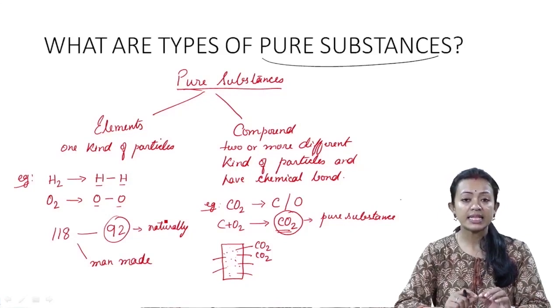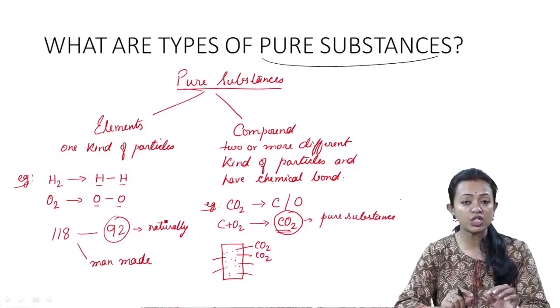Malleable means they can be beaten into thin sheets, and they are also ductile, that is, they can be stretched into a thin wire. And most of the metals are solid, except we have mercury, which is liquid, and also gallium, which turns liquid at the room temperature.